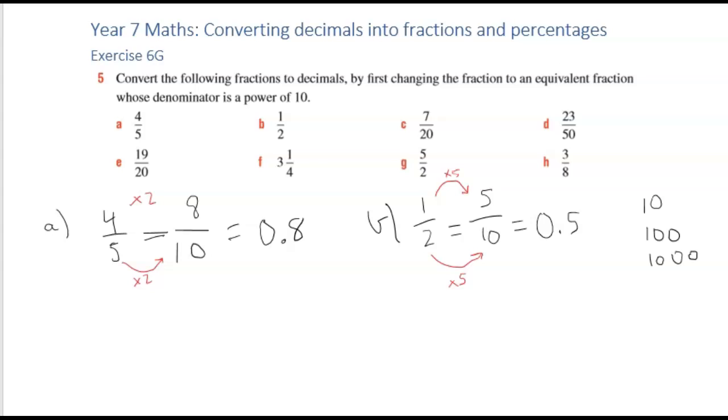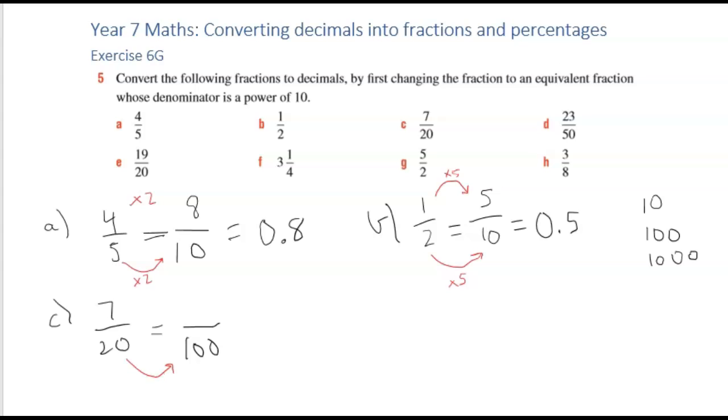Okay, I'm going to skip and do, actually I'll do C. I'm not going to skip it. 7/20. Now you might think, oh, I can do divided by 10, and that's true, you could, but we're going to multiply by powers of 10. So I'm going to do that to 100.